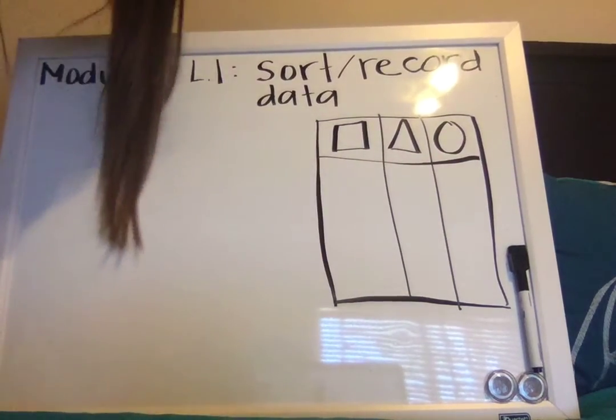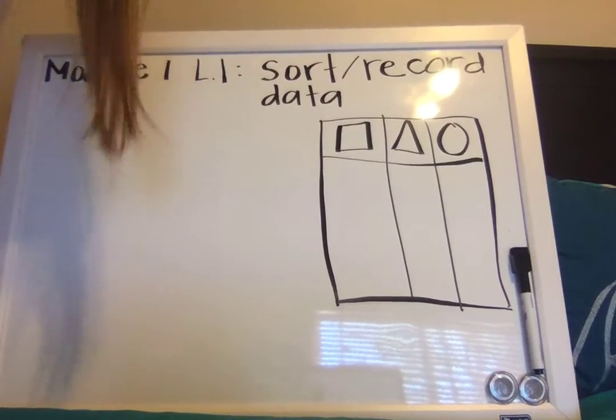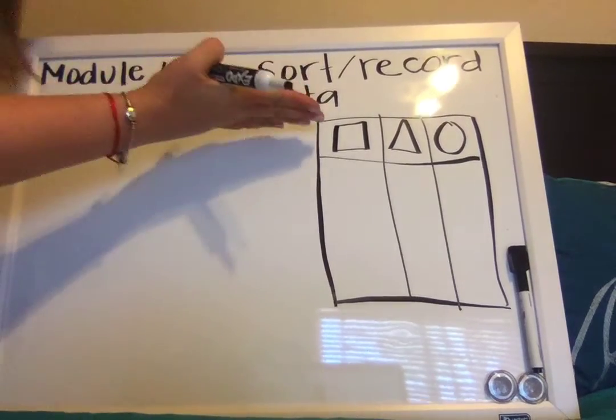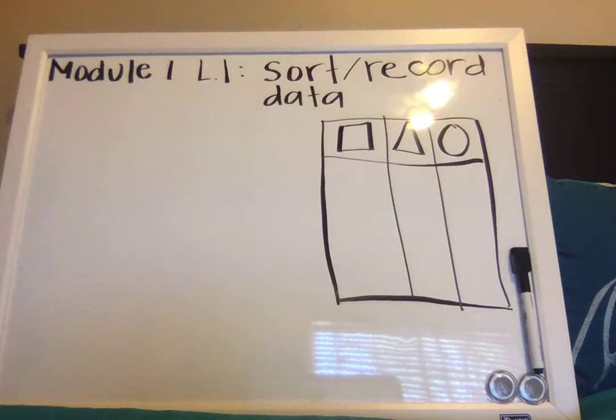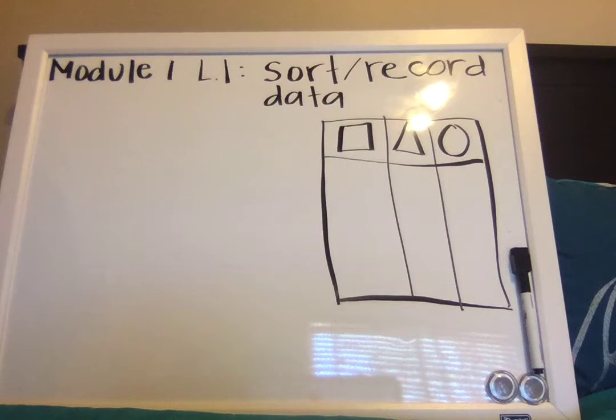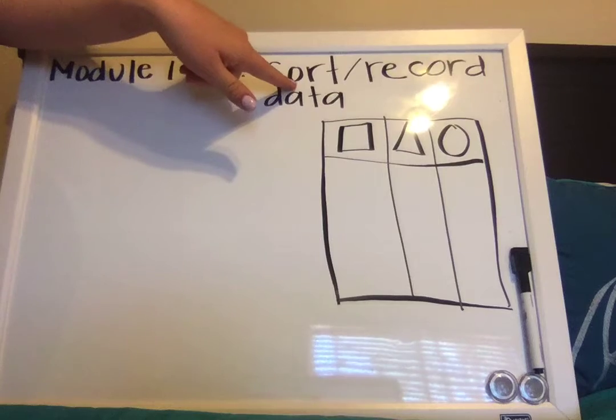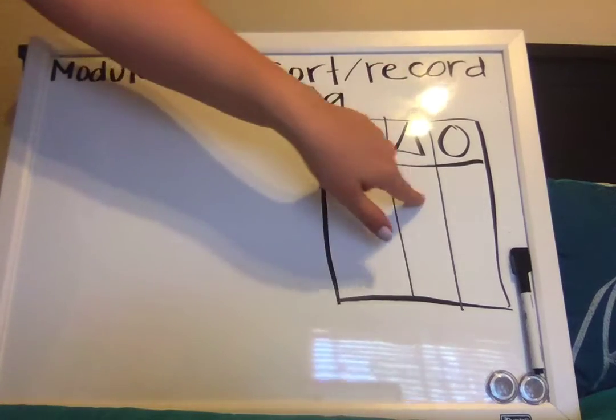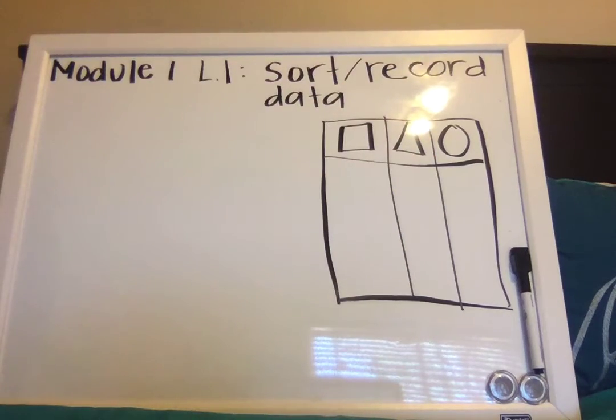And so you'll get to see many different types of graphs. But today we are doing one that goes from the top to the bottom, and we're using shapes. And I'm going to go ahead and just draw a whole bunch of squares, a whole bunch of triangles, and a whole bunch of circles to sort them and record them in our data table, which is a graph, okay?